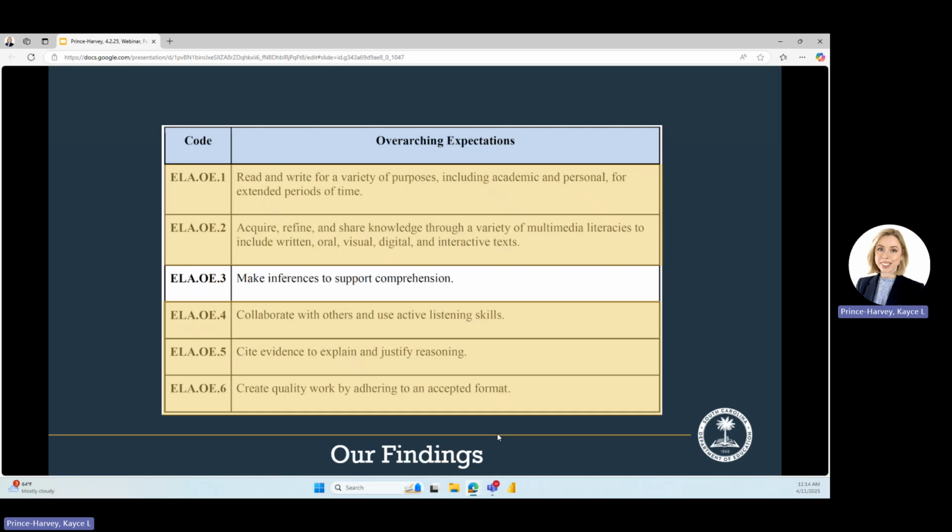Anytime that students have to collaborate with others, there is the potential for giving and receiving of feedback. Students creating that quality work may require feedback in whatever way that work needs to look. Citing evidence to explain and justify reasoning. And then, of course, making inferences to support the comprehension of the text students are interacting with.